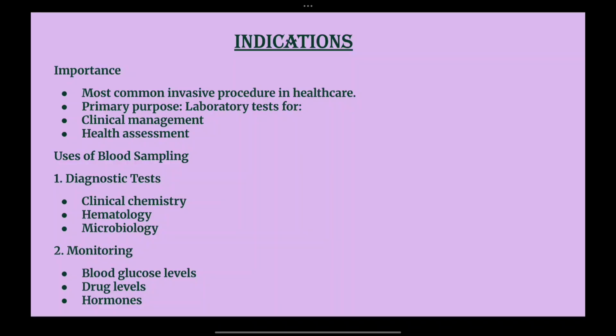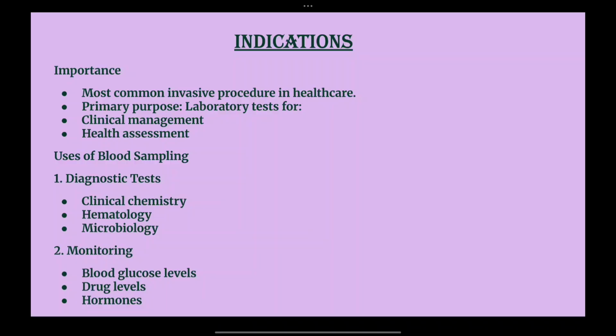Hematology is studied to find out any pathological conditions, that is, any diseases like leukemia or blood cancer, and the blood cell count can be determined by hematology. Microbiology determines any infection inside the blood due to bacteria or any microorganisms that is causing microbiological diseases. These are the diagnostic tests that are conducted on blood sampling.